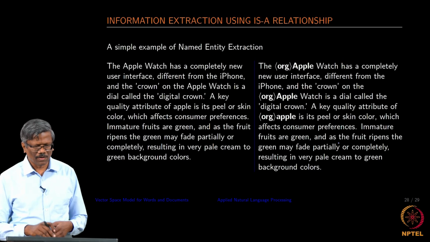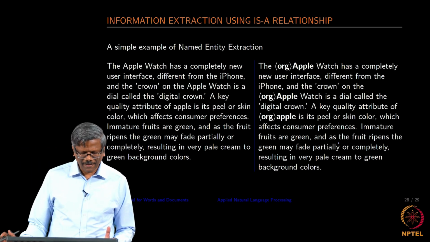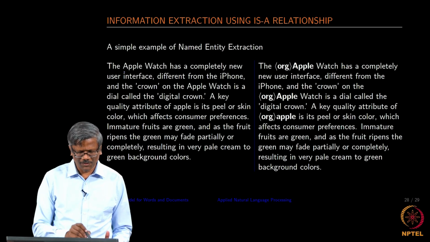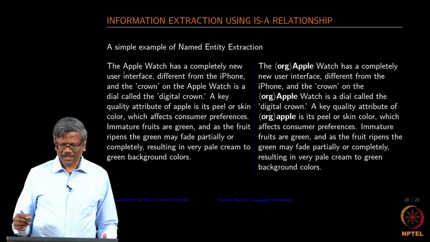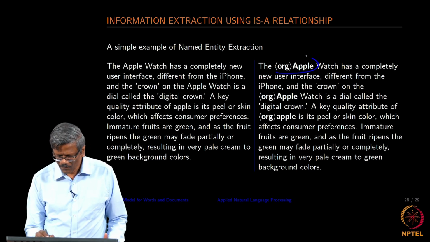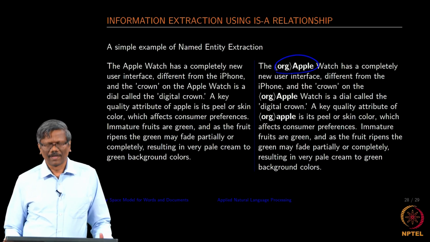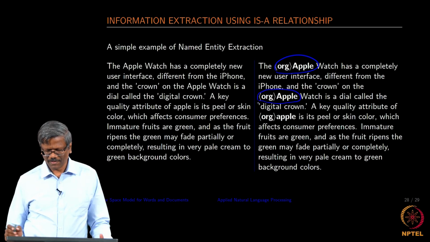Let us take a very small example. There is a paragraph on the left side where you have: the Apple Watch has a completely new user interface, and so on and so forth. I run this application and then mark wherever Apple is present as an organization. Okay.